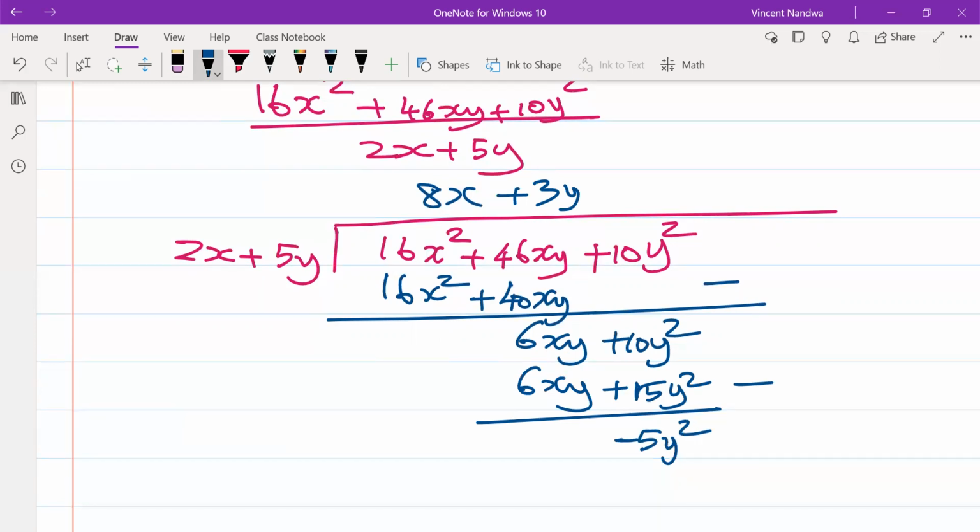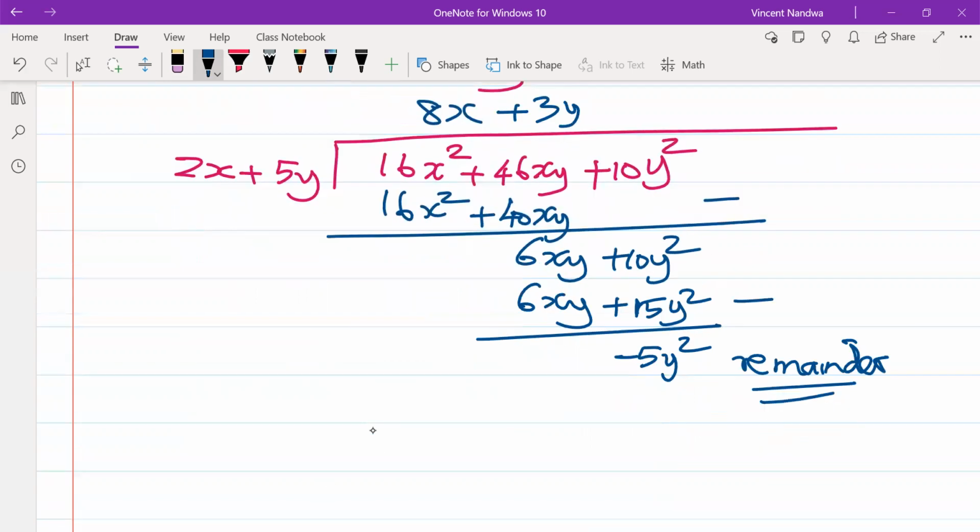minus 5y squared. Now you see, the leading term here was involving x, but this is y. So we stop at this point. This is the remainder, because now it doesn't have any x. x was the guiding variable in this division.